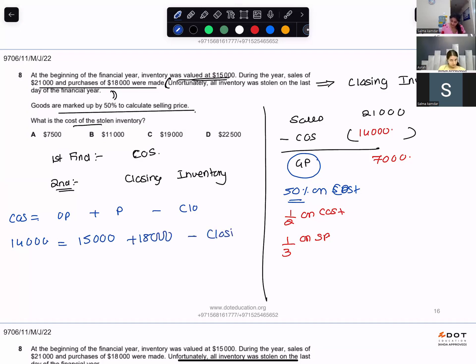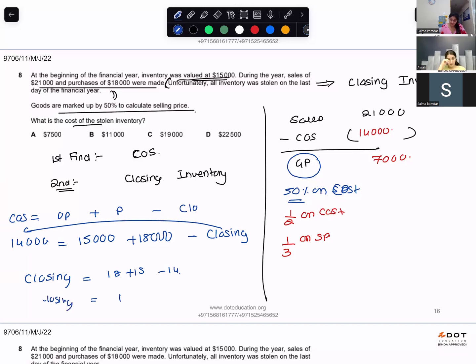I have to find closing. So closing will go this side: 18,000 plus 15,000 minus 14,000. So it is 19,000. Closing inventory is 19,000. So this is the stock that was there in your godown on the date it was stolen. So cost of stolen inventory is 19,000.